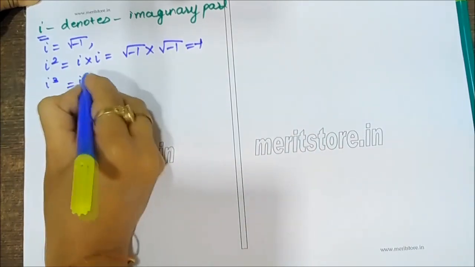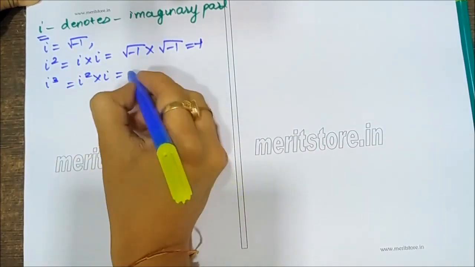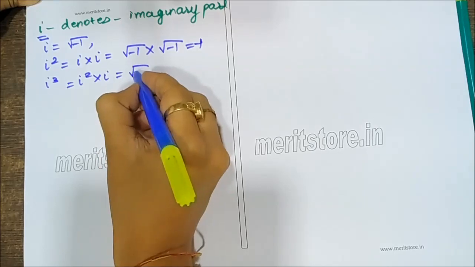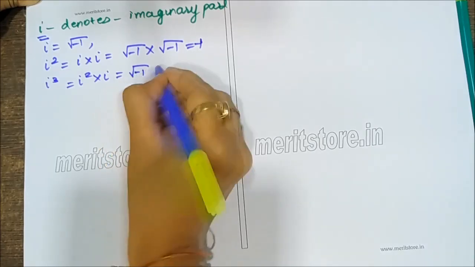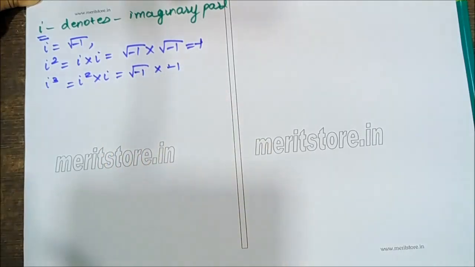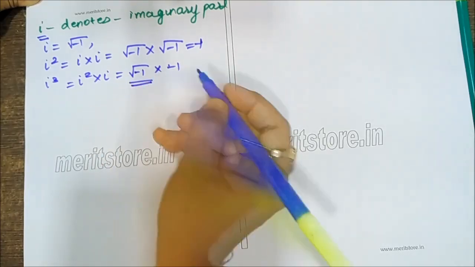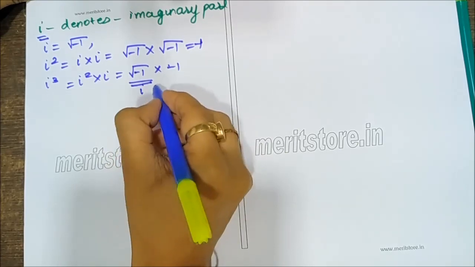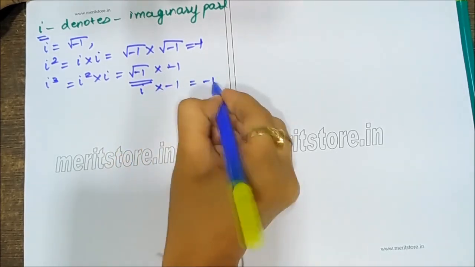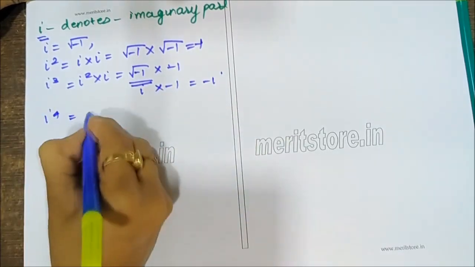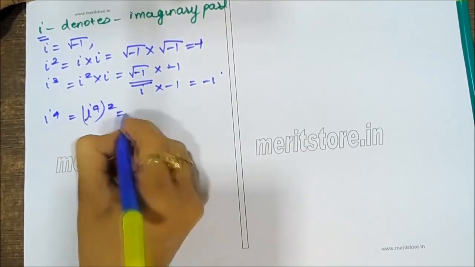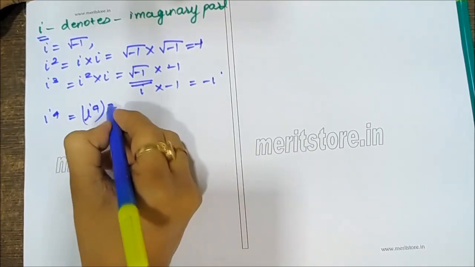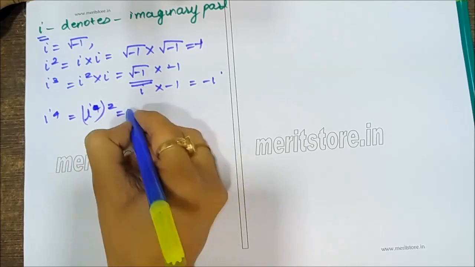i cube was defined as i square into i. So basically I am finding the values. Minus 1 into minus 1, root of minus 1. Now this, when you write, it's of no use. So we will keep this as minus i. i raised to 4 is i square into i square.